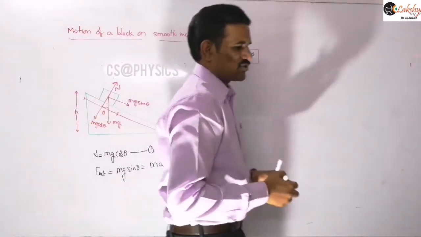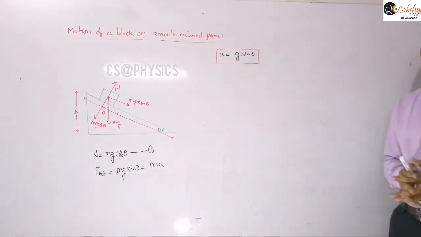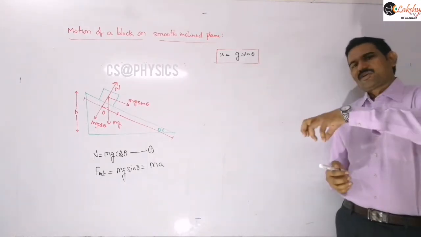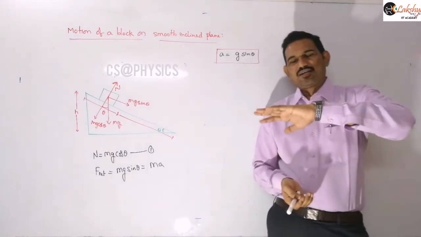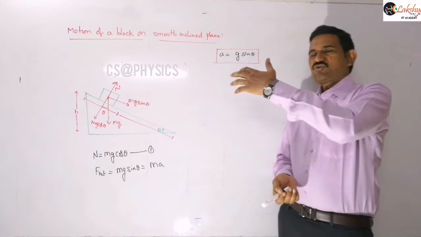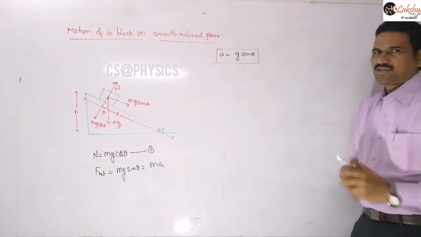That acceleration of the block is independent of the mass of the block. That is an important thing you need to observe here. Whether you are placing a 1 kg object or a 10 kg object or a 100 kg object, if the inclined plane is smooth, every object will come down with that g sin theta only. So it only depends on the angle of inclination.